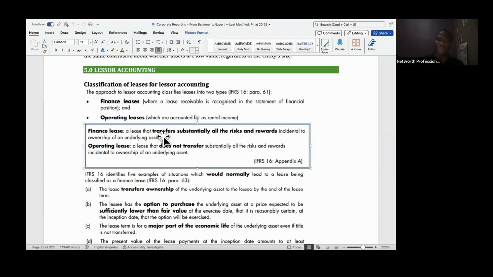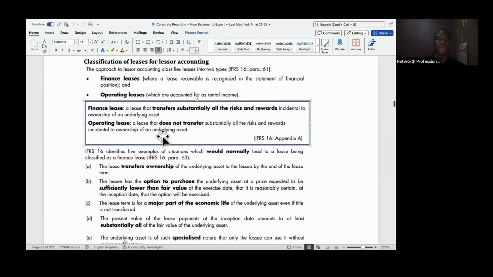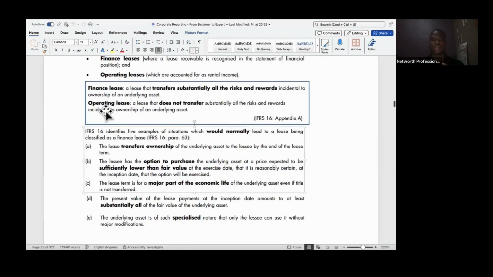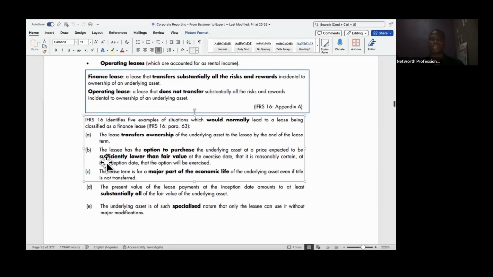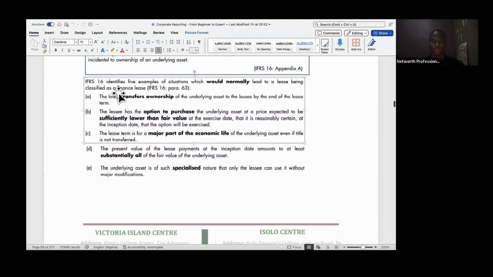Then we'll look at operating lease to close it. So a finance lease is a lease where substantially all the risk and reward has been transferred. Then the question is, how can you know that risk and reward has been transferred? There are 5 points here that you can use to know.